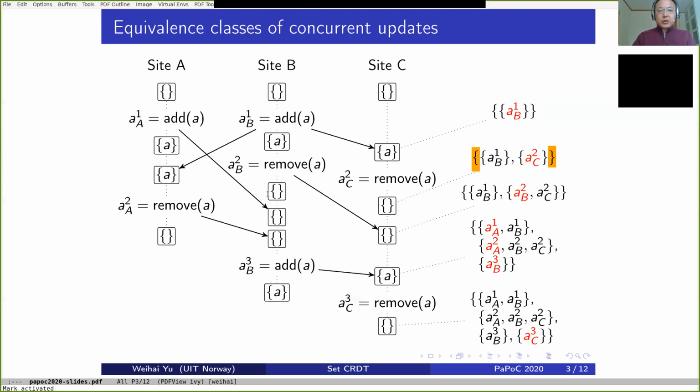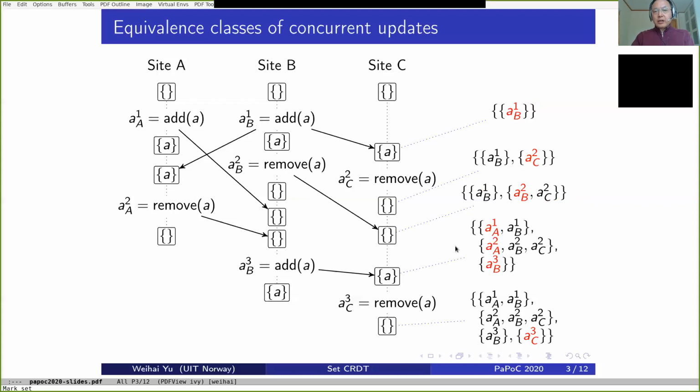Now consider site B sends its local state to site C. This state consists of two updates, an addition and a removal. And when site C receives this state, it merges the two states by adding these remote updates into the corresponding equivalence classes.